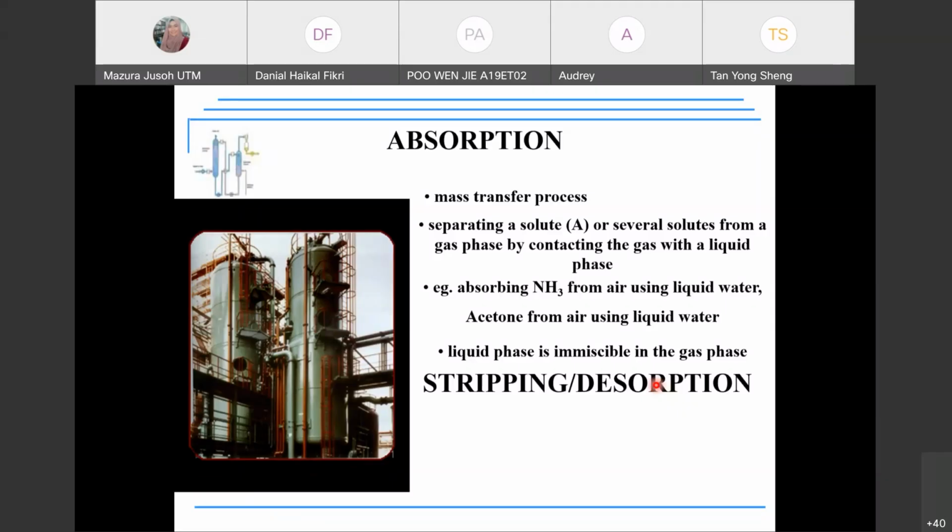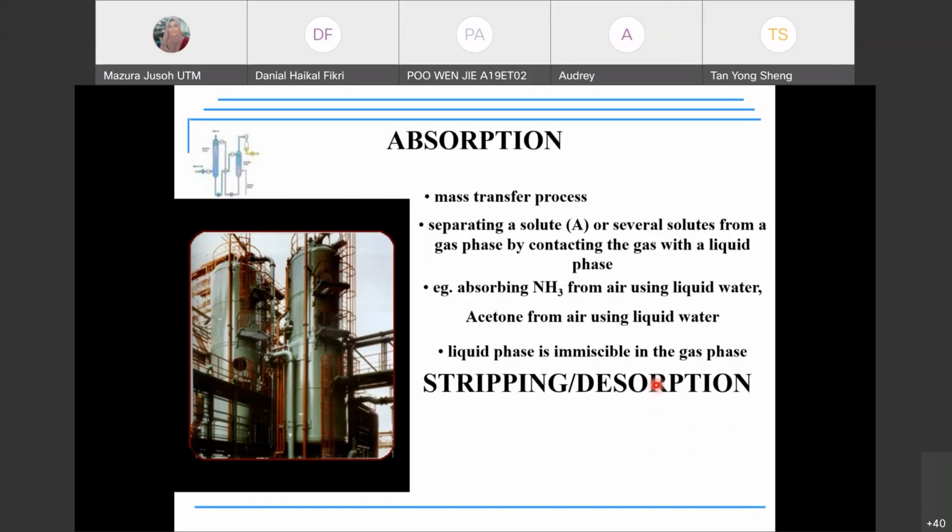In a chemical or processing plant, you will also have a process called stripping or desorption. It's actually the opposite of absorption. In absorption you have a mixture of gases, A and B, or A plus B plus C plus D, or A plus B only. But in stripping, you have a mixture of liquids, so you have liquid A and B. You will use a gas to absorb the liquid A. So stripping is the other way around.